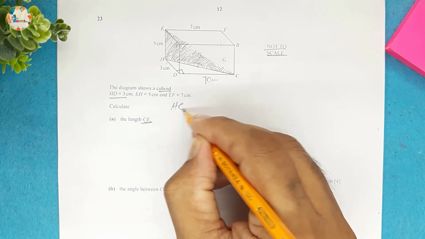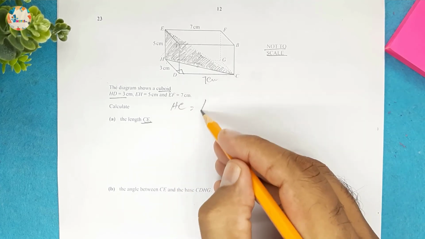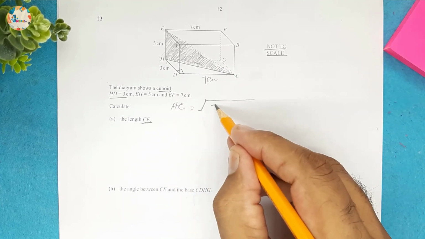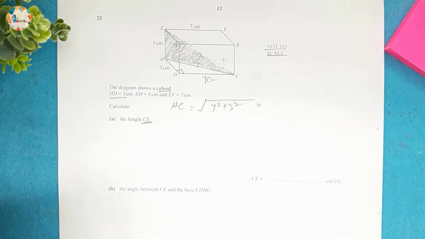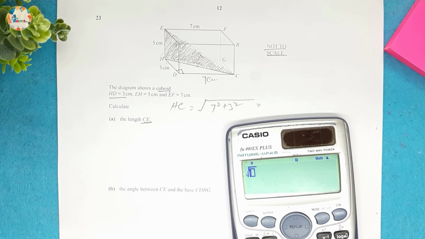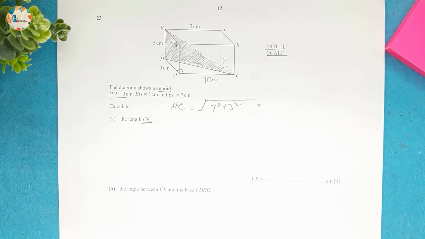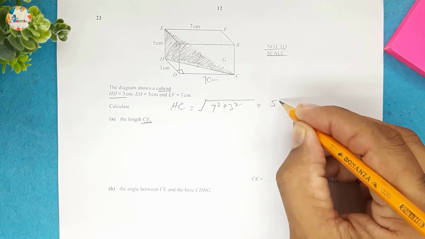So HC will be equal to under root of 7 squared plus 3 squared, and this will be equal to under root 58.